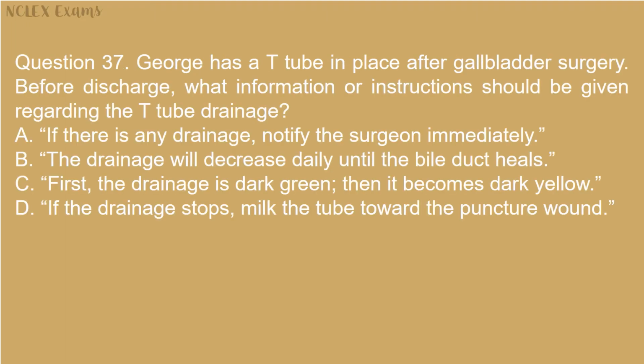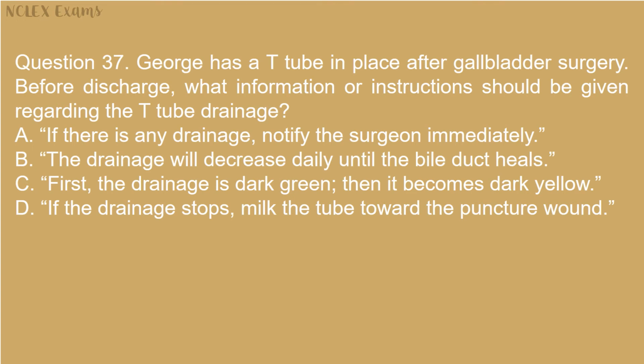Question 37. George has a T-tube in place after gallbladder surgery. Before discharge, what information or instructions should be given regarding the T-tube drainage? A. If there is any drainage, notify the surgeon immediately. B. The drainage will decrease daily until the bile duct heals. C. First, the drainage is dark green, then it becomes dark yellow.